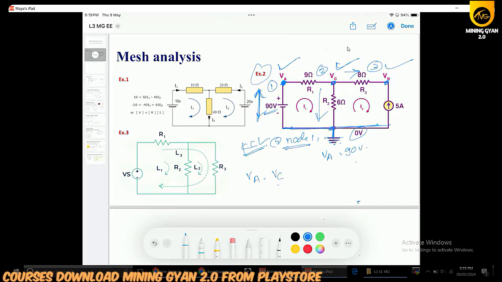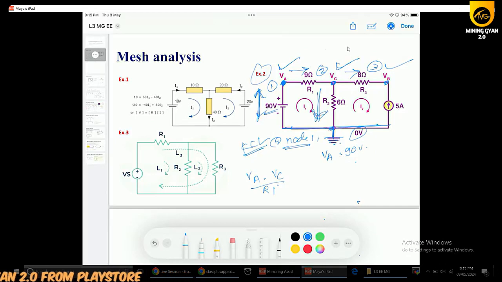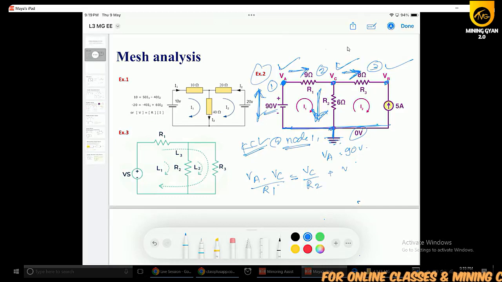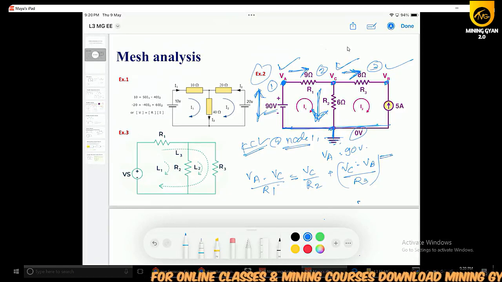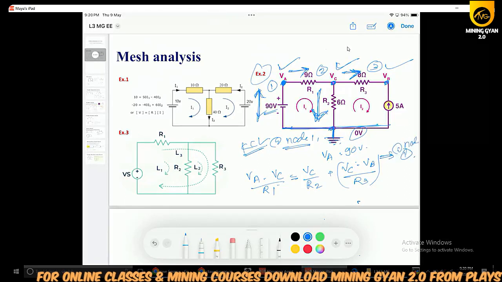(VA minus VC) divided by R1, because the current is going like this and like this, and there will be another current. The incoming current equals the sum of the outgoing currents. So (VA minus VC) divided by R1 equals VC divided by R2 plus (VC minus VB) divided by R3. This will be the KCL equation at node number 1.